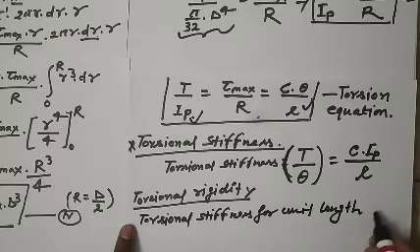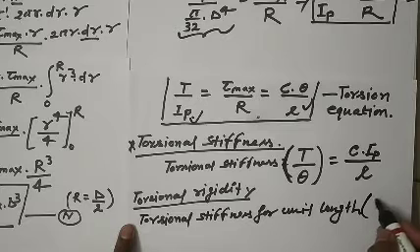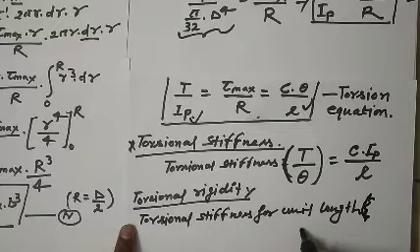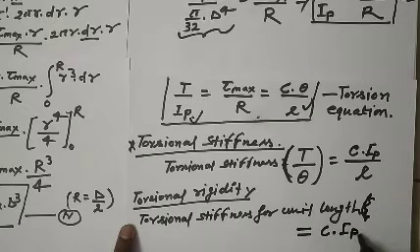This expression will be represented by T by theta into L. Here L will be 1, so this equals T by theta, and for unit length this will be equal to C into IP.